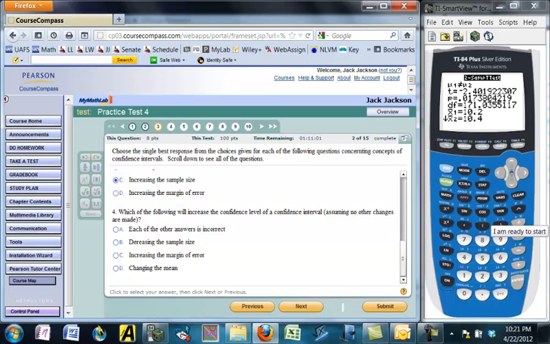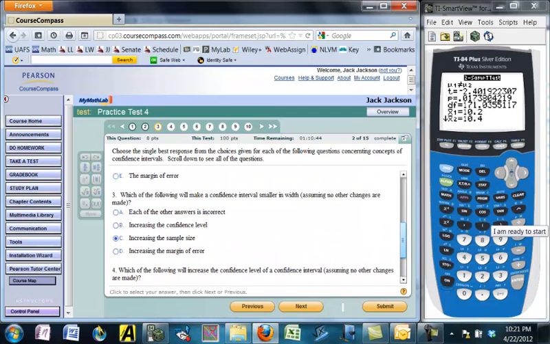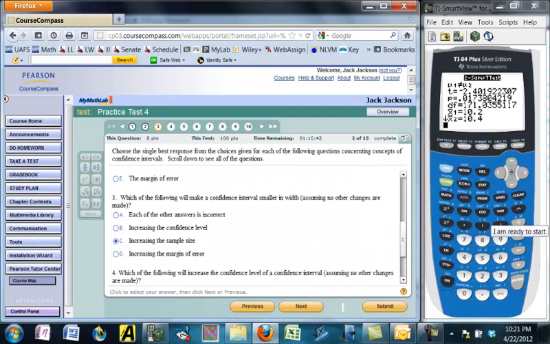Which of the following will increase the confidence level of a confidence interval, assuming no other changes are made? Decreasing sample size will increase the confidence. We're assuming the width is the same this time, whereas last time, on question 3, we were assuming no other changes are made. So we're comparing the width of the interval with some of these other things.